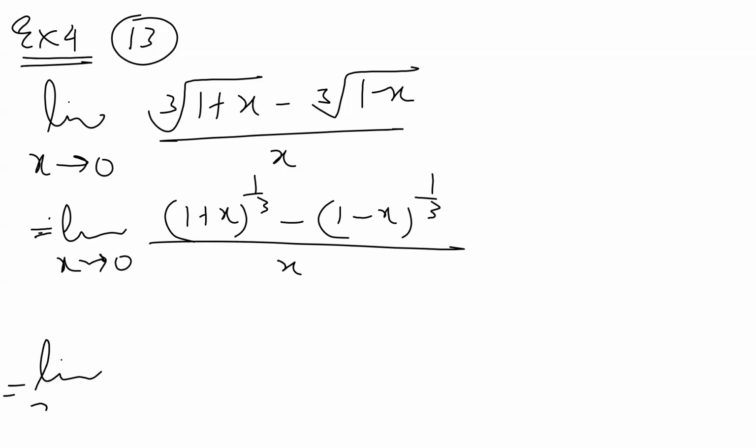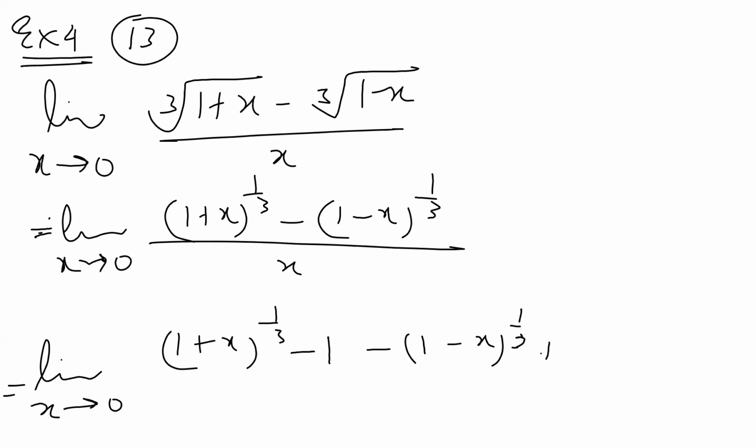So limit x approaching 0, (1 plus x) raised to 1 by 3. I'll subtract 1 and then add 1, and then I will add 1 as well, upon x.